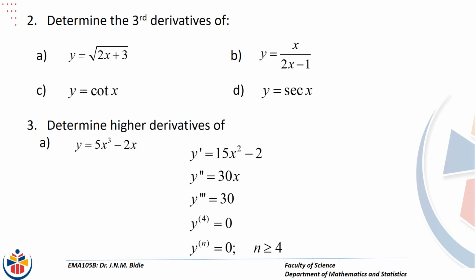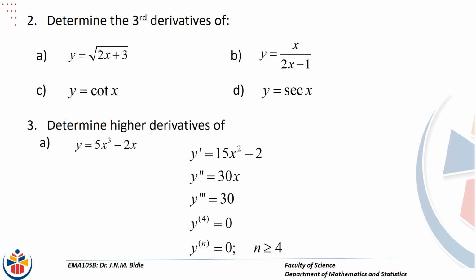Number 2 of the exercises is asking us to find the third derivatives of the given expression. So now, after finding the first, you get the second. After finding the second, you get the third derivative.